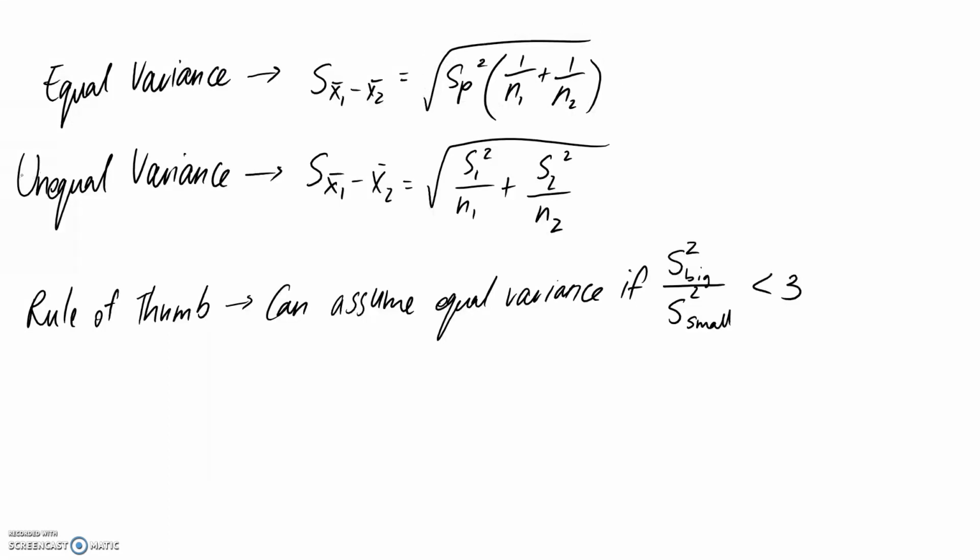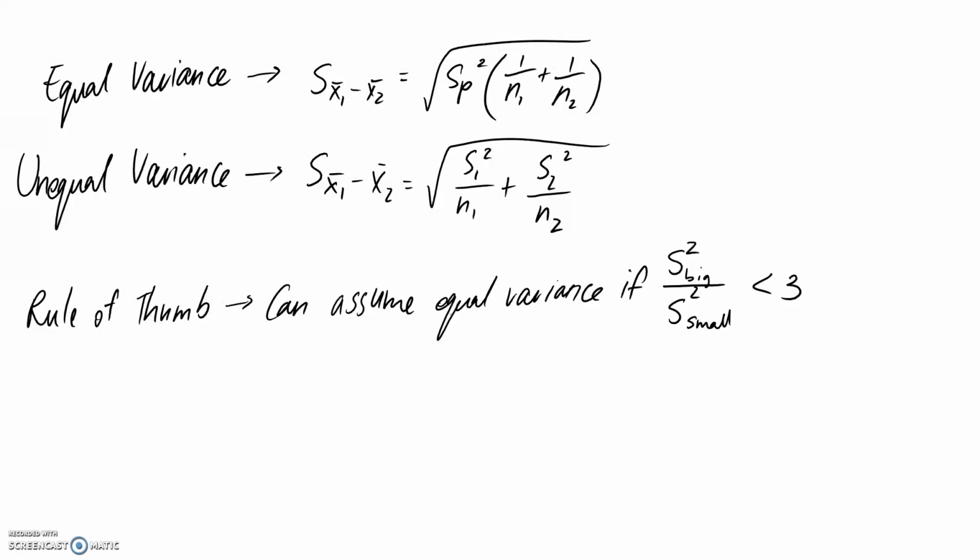The other option is that if you assume unequal variance across your two populations, you have a slightly different equation to calculate the standard deviation of x1 bar minus x2 bar. You don't need to worry too much about this because Excel will do it for you, but you do have a rule of thumb as to which one to pick.